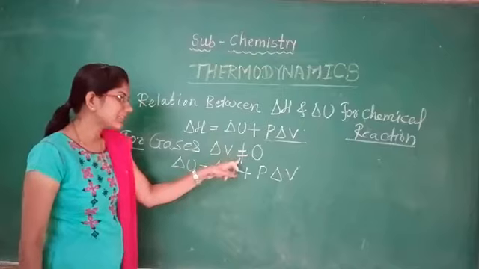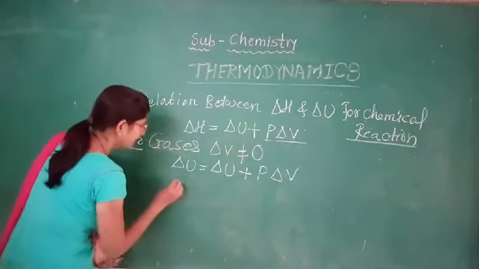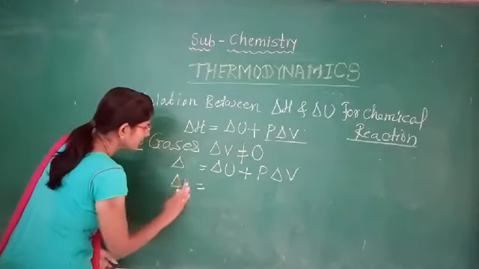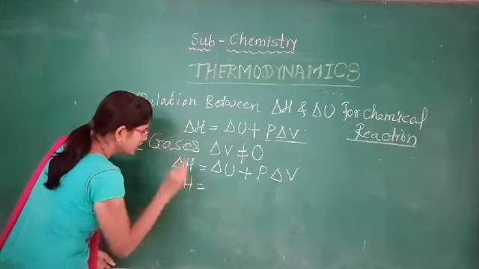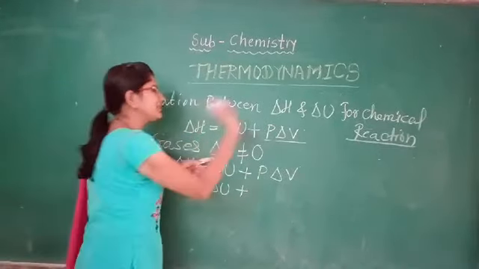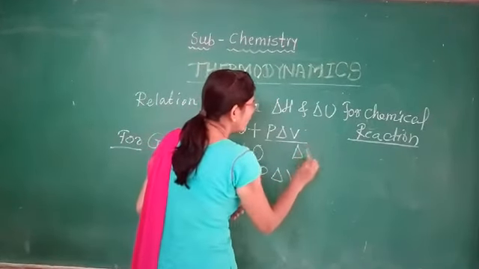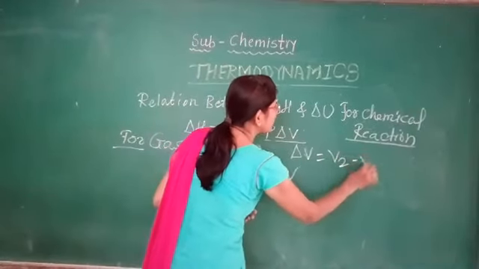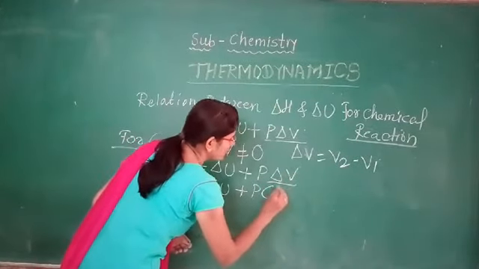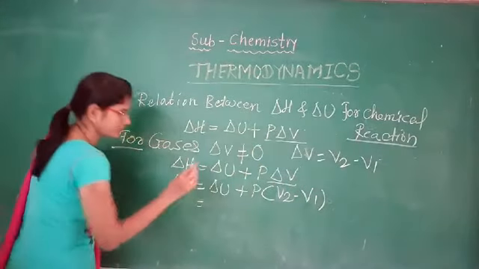The delta V is not equal to 0, and therefore this term is not equal to 0, and therefore here we can write delta H is equal to delta U plus P delta V, where the change in volume is equal to V2 minus V1.